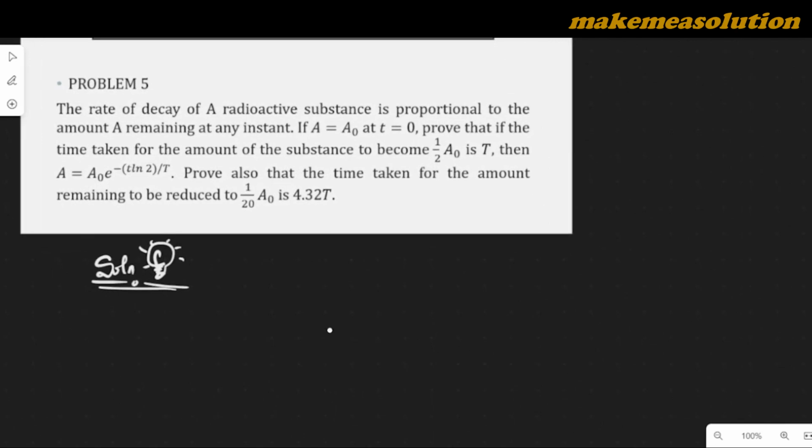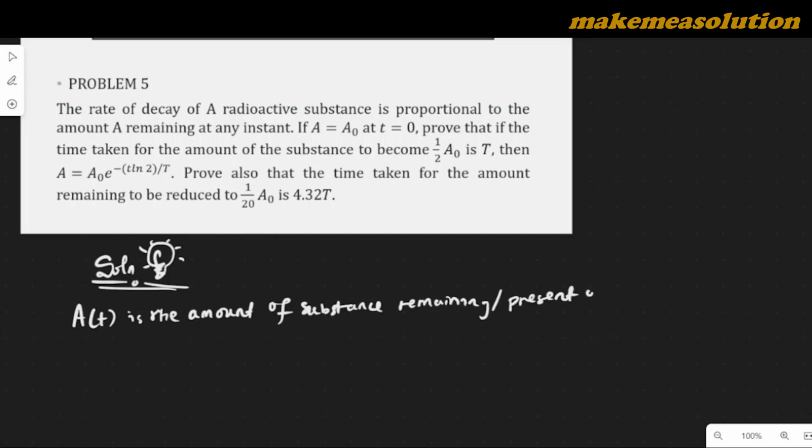Now of course we can see that A of T is the amount of substance remaining, or rather I should use the word present, at any given time T. So according to the question, the rate of decay is proportional to the amount remaining at any instance.